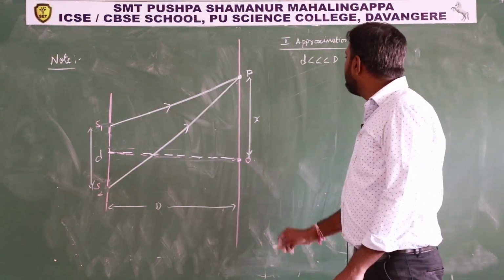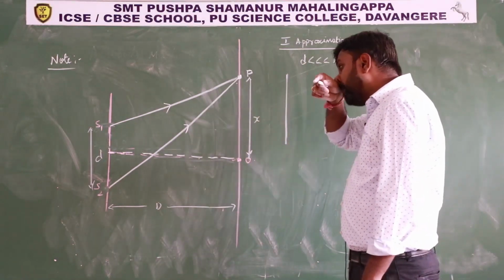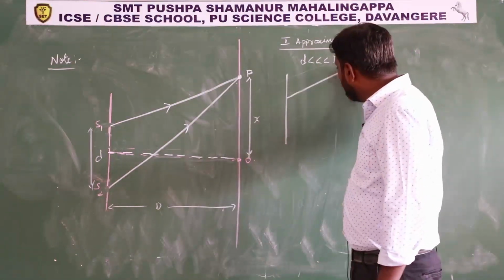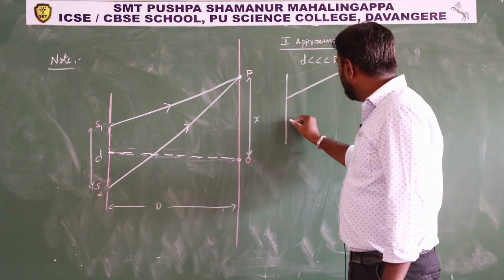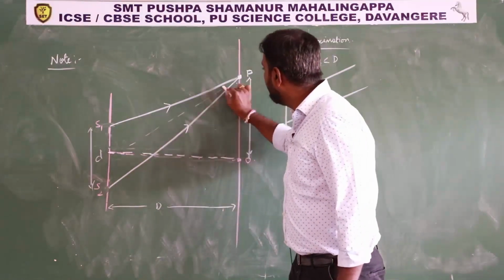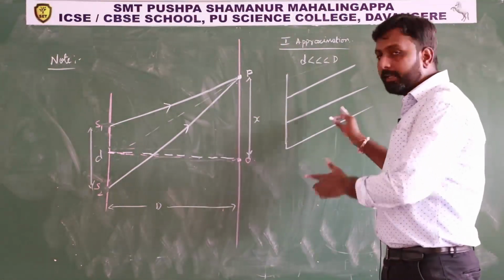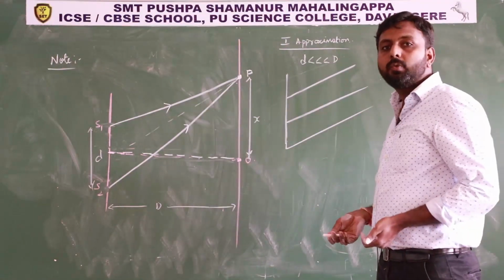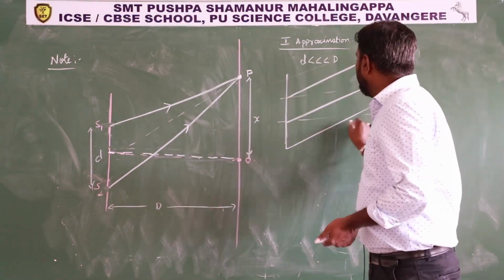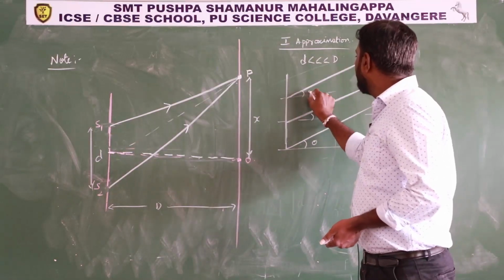In that time, the lines from S1 and S2, these rays become nearly parallel to each other. Nearly parallel to each other means these angles will be the same.